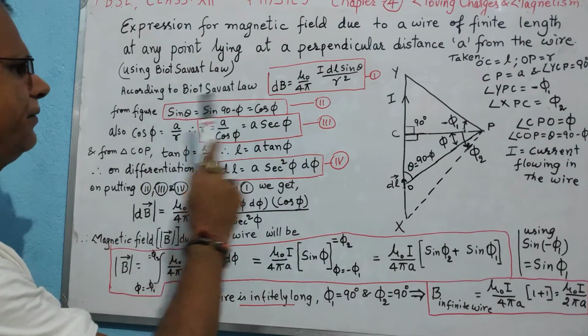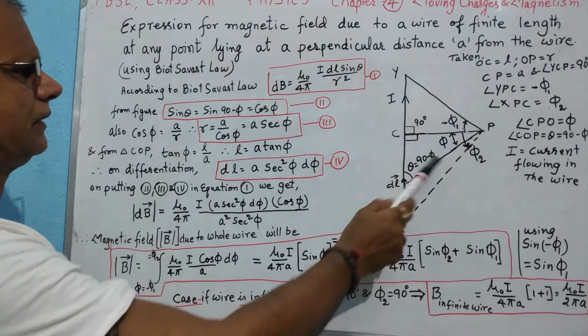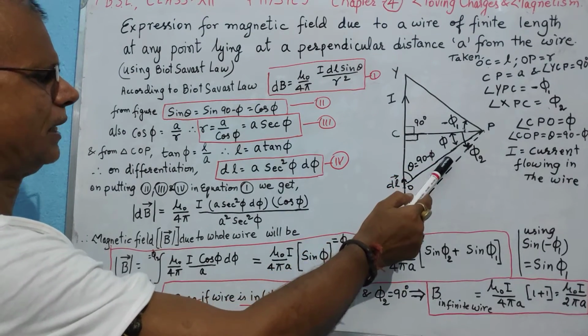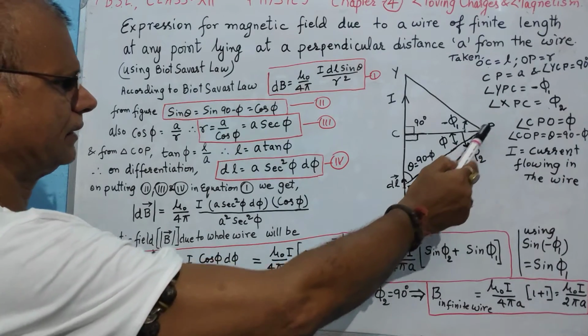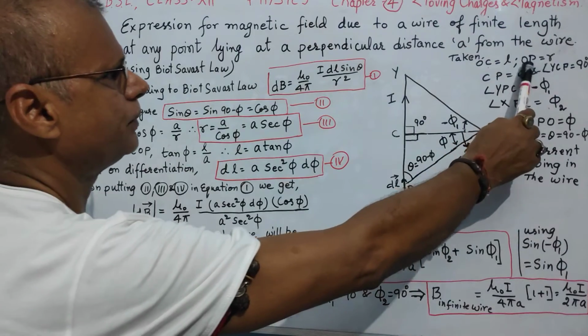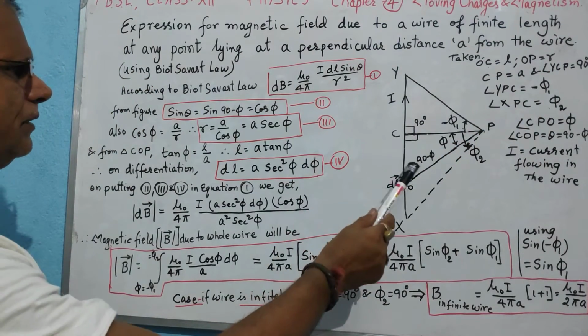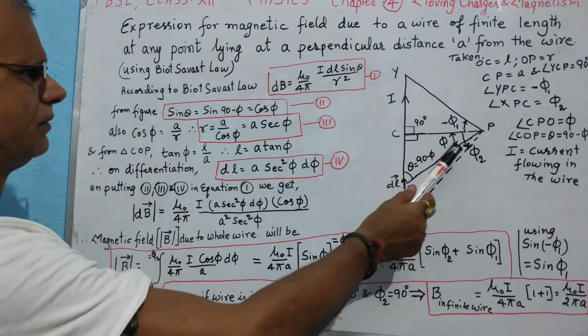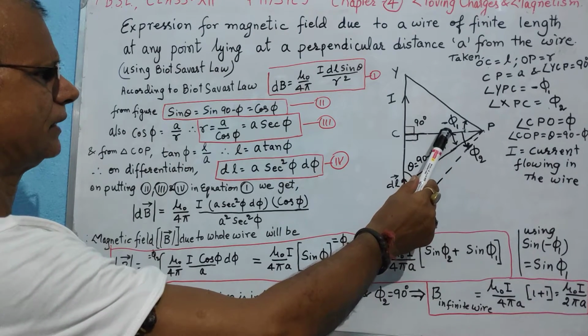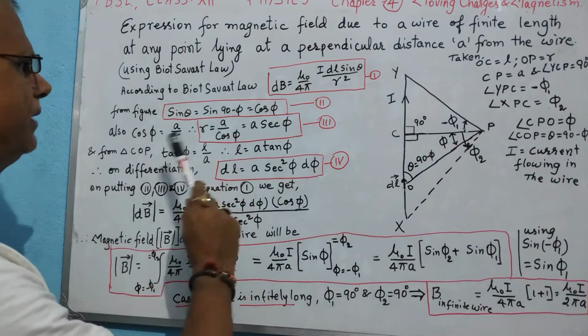From the figure you can see sin theta is perpendicular upon hypotenuse, and we have taken arm PO as R. So sin theta will be perpendicular, that is CP divided by R, and for CP we have taken A.